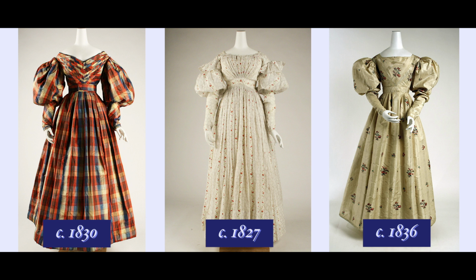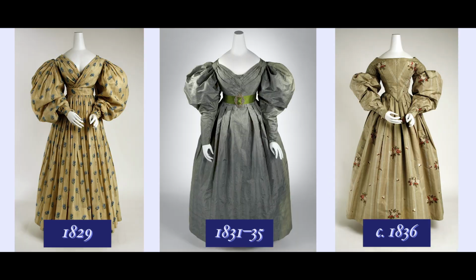distinct look to it. Obviously, the Regency time period is distinct, but the 1830s is a shorter fashion trend that almost is more extreme than the Regency time period because it had these giant sleeves, and that's what's the most recognizable aspect of the 1830s, the earliest Victorian fashion trend.